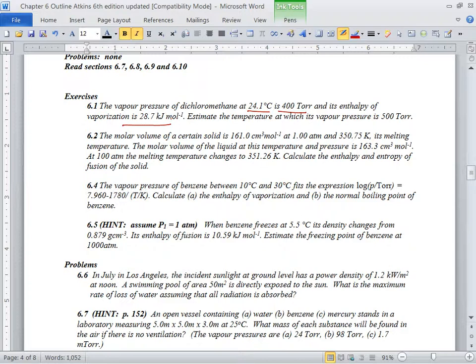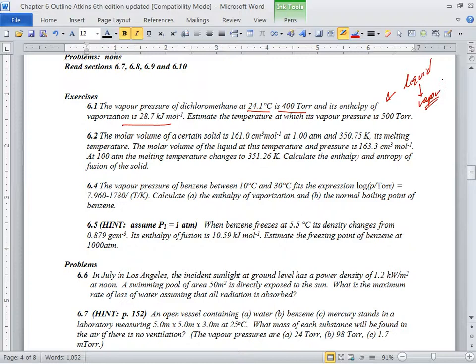Oh, we were looking at the wrong one, Melissa, right? Because the one that has volume in it is the solid-liquid boundary. This is liquid to vapor. No wonder I was wondering how we were going to do that. So this is Clapeyron, the Clausius-Clapeyron version.